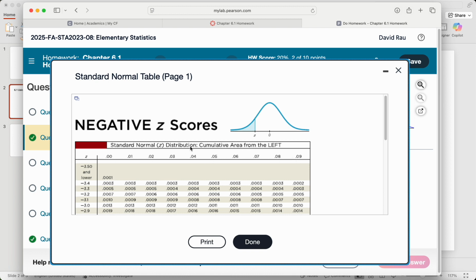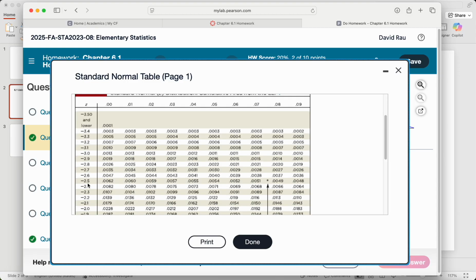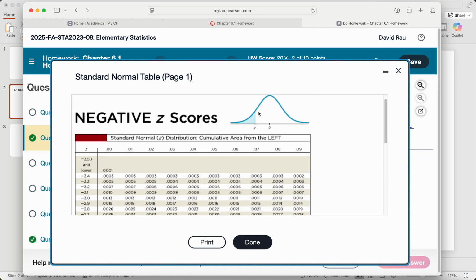And it even says cumulative area from the left. So I would say cumulative area to the left of my z-score. You're going to be determining area to the left of whatever that z-score is.